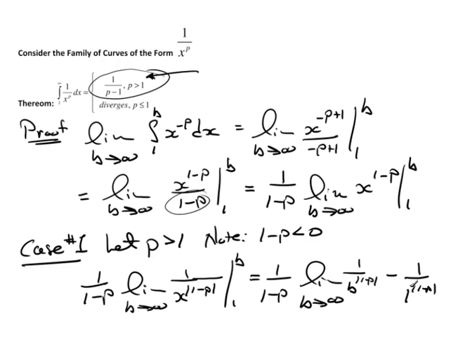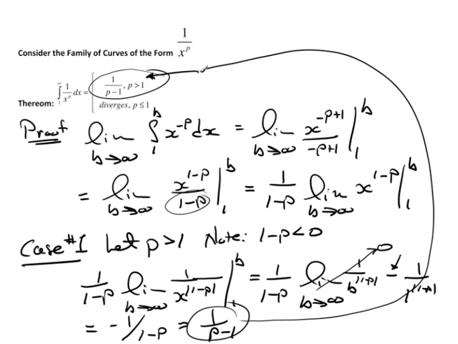Well, this is just going to be 1. So this piece right here is going to go to 0. This would be a negative 1 because of that negative right there. So the solution will be negative 1 over 1 minus p, which if I factor out this negative, so it cancels out with that one, I'll get 1 over p minus 1, which is exactly what the theorem said I should have.